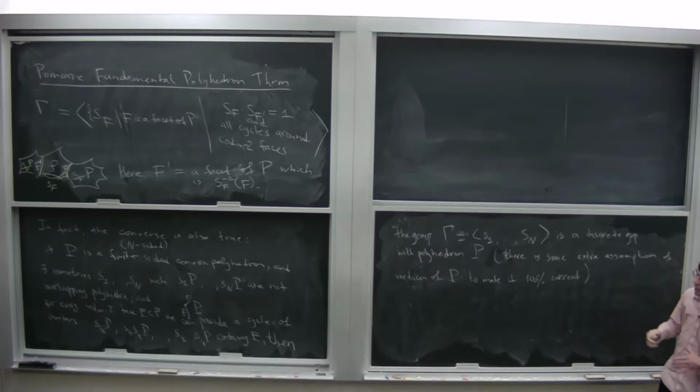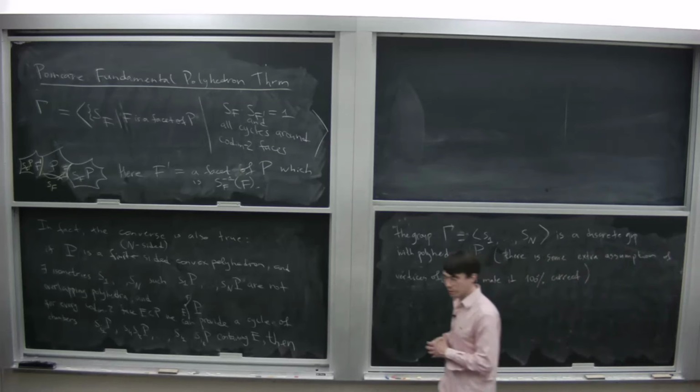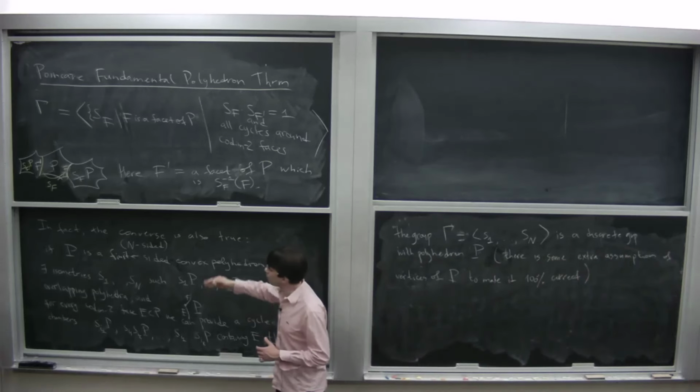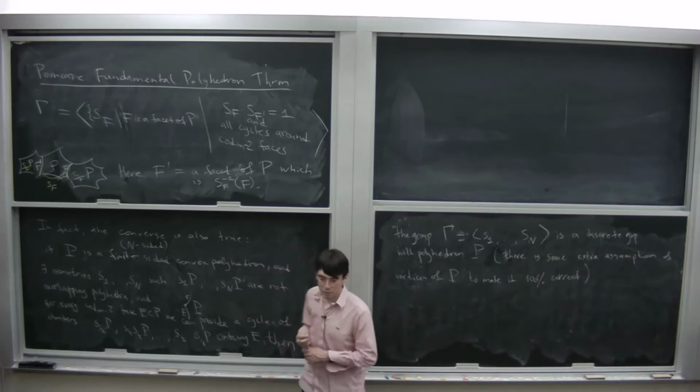But for, say, reflection groups, all is fine if you have a Coxeter polyhedron.